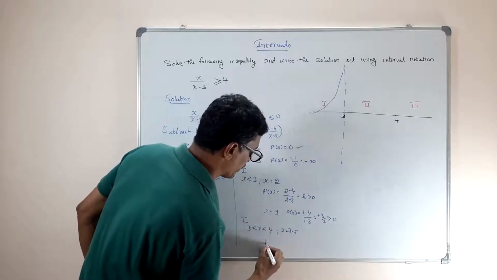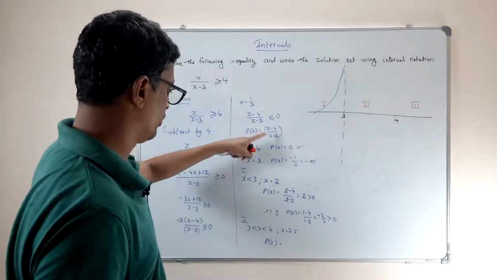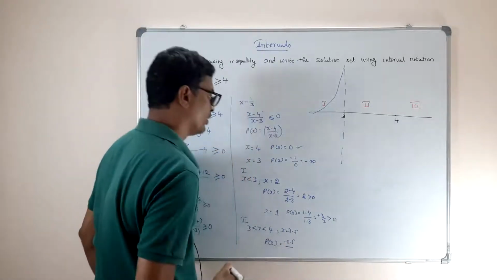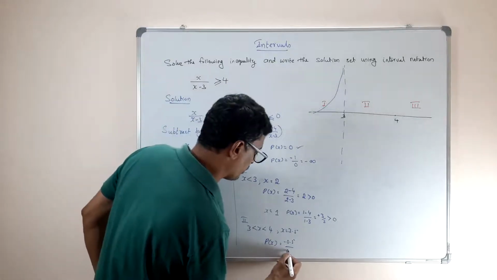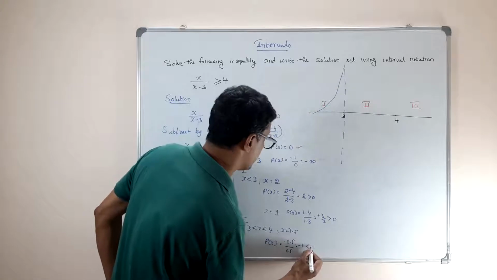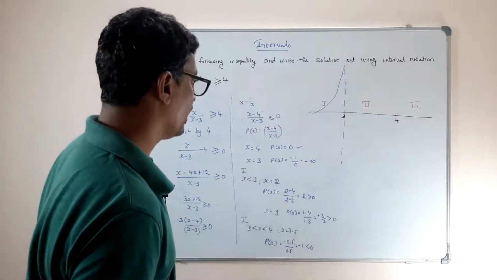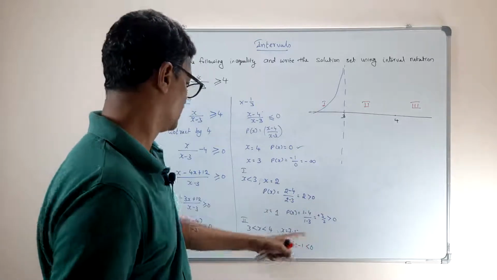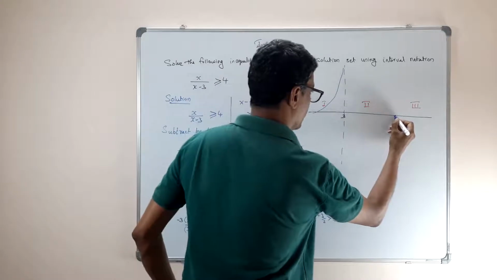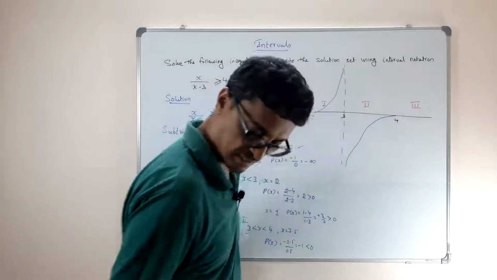What will be p of x? 3.5 minus 4 is minus 0.5, divided by 0.5, so this is equal to minus 1. Minus 1 is less than 0. That was the condition we have to satisfy. At 4 it becomes 0, so this goes from something to 0 like this. Am I right?